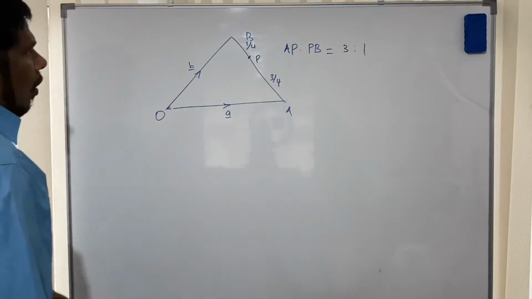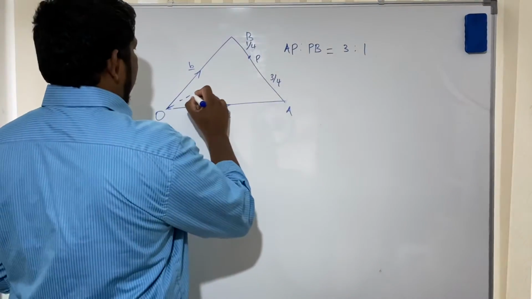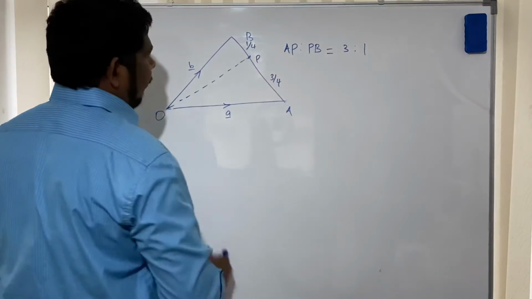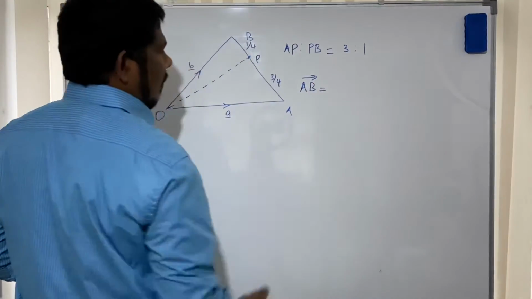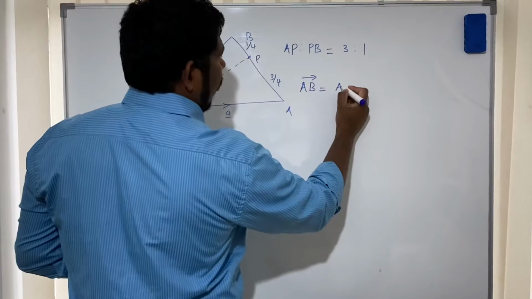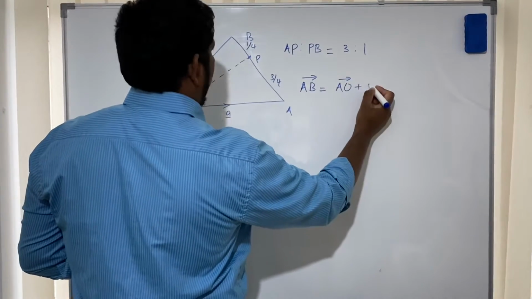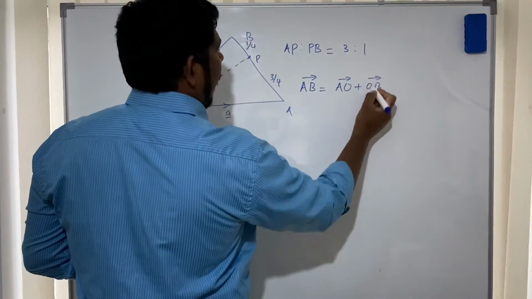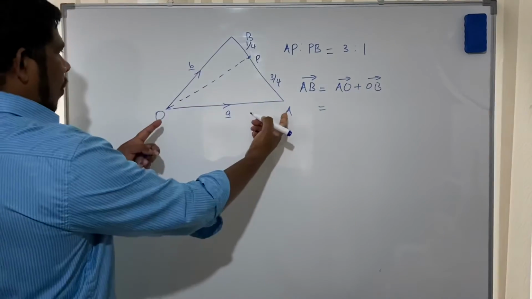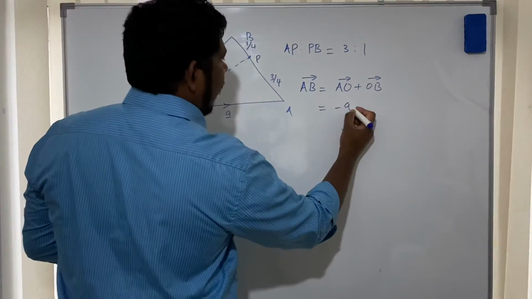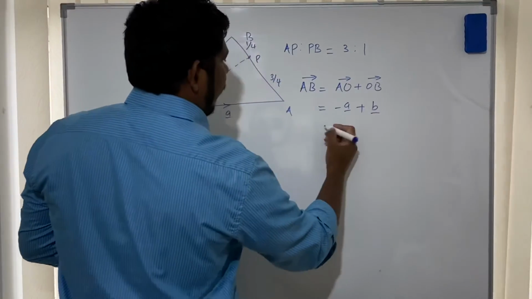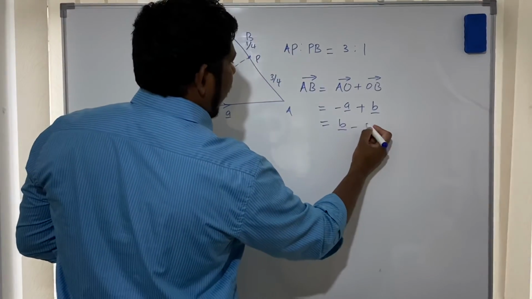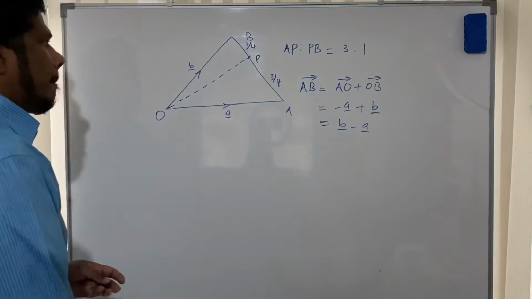Now we need to find vector OP. What we do is find vector AB first. Vector AB equals vector AO plus OB, and AO is negative a and OB is b. So I can write vector b minus a. This is the vector AB.